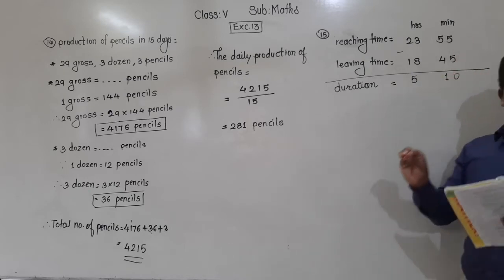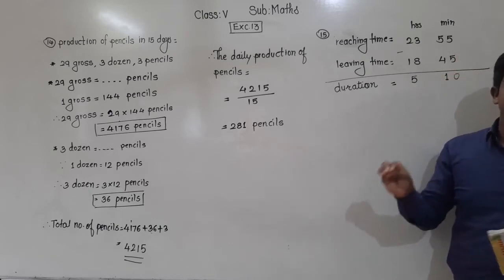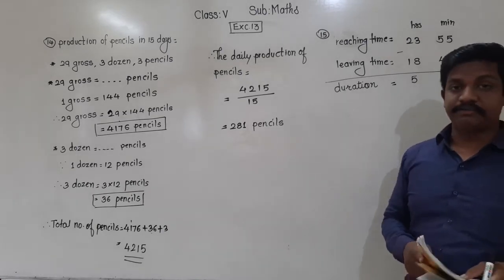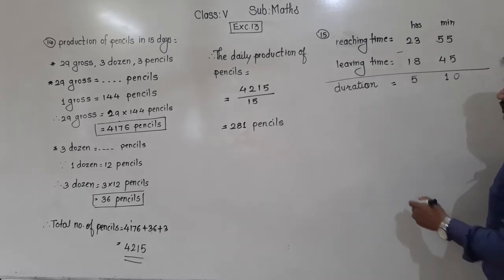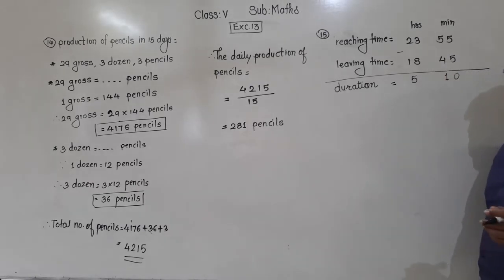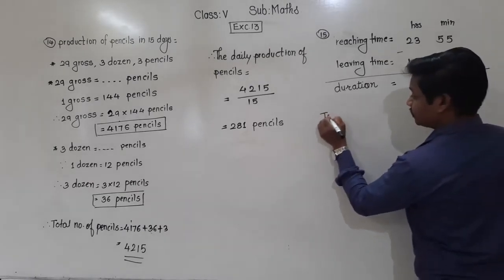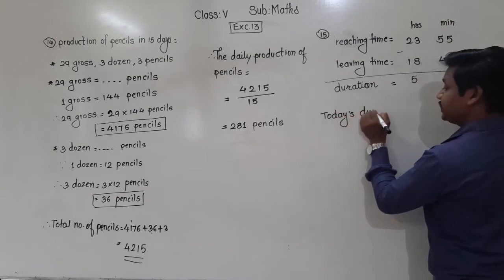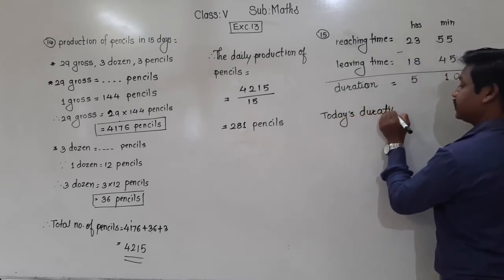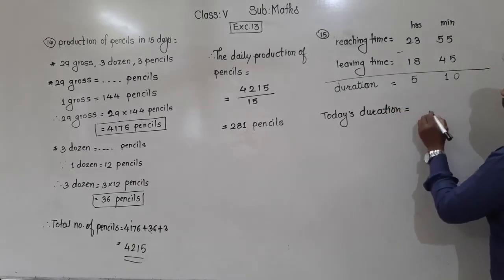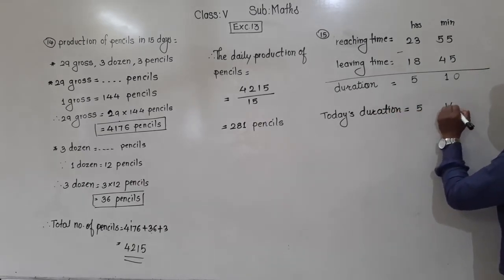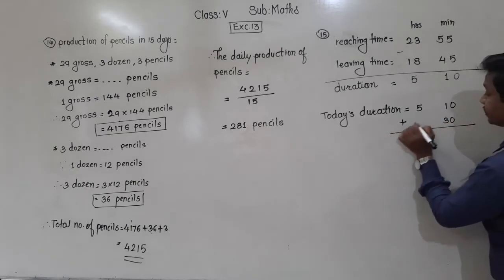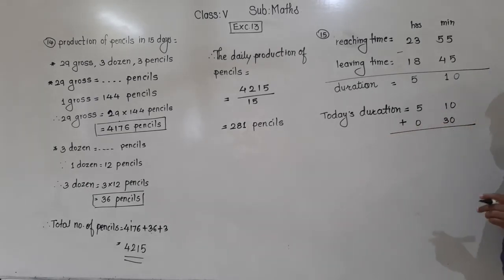This is the daily time taken by the Panchvati Express to reach Manmad from Bombay. But today that train is 30 minutes late, so we will add 30 minutes to this 5 hours 10 minutes.